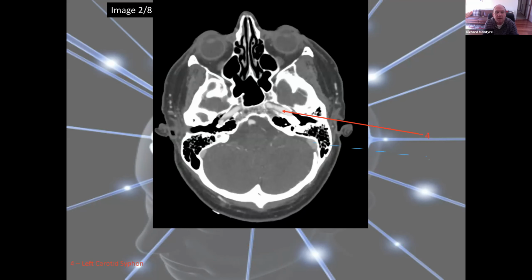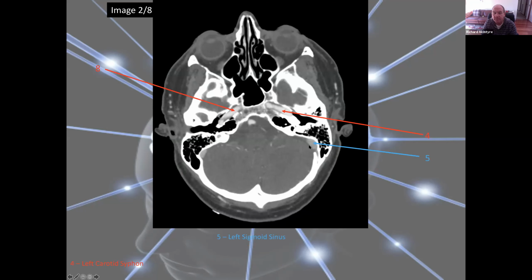There's our carotid siphon. So we know the internal carotid goes up and then does a squiggle and comes up again to the circle of Willis. This is its transverse section. And then, of course, we see the left sigmoid sinus.